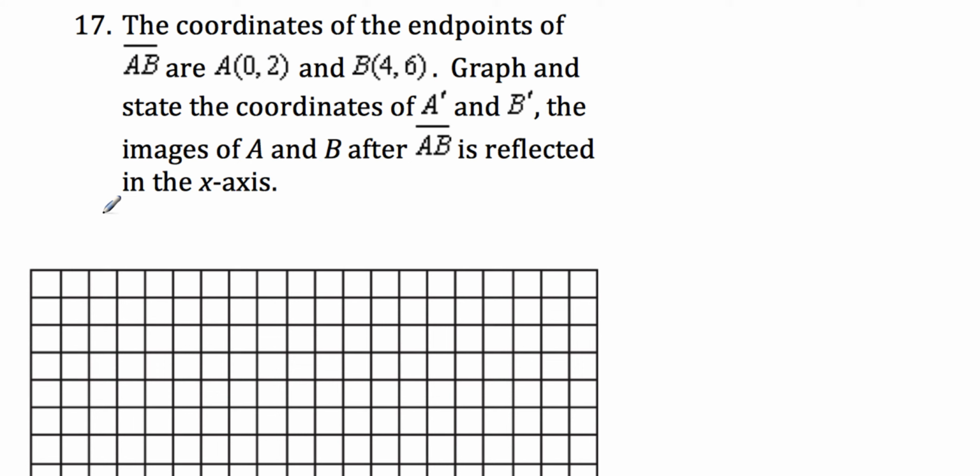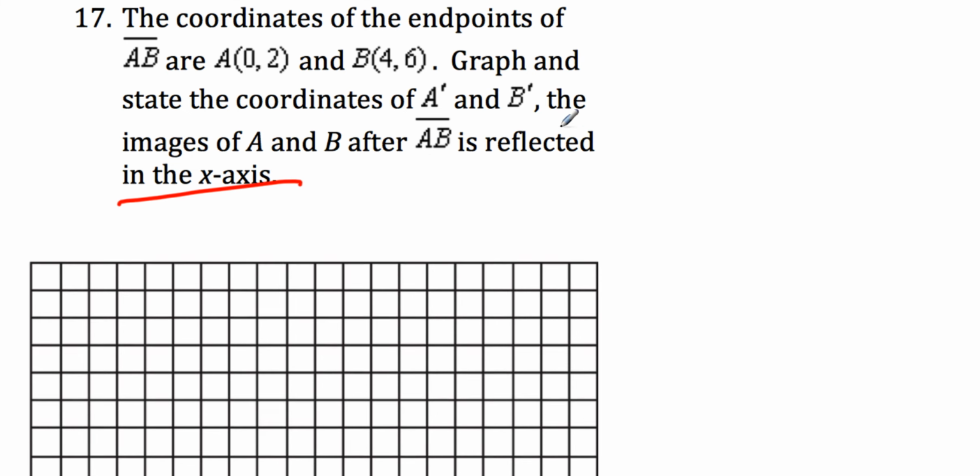How about number 17 here? The coordinates of the endpoints are given in this way. Graph and then state the coordinates of A prime and B prime, the image of A and B after AB is reflected about the x-axis. So then we talked about how we can draw the graph.